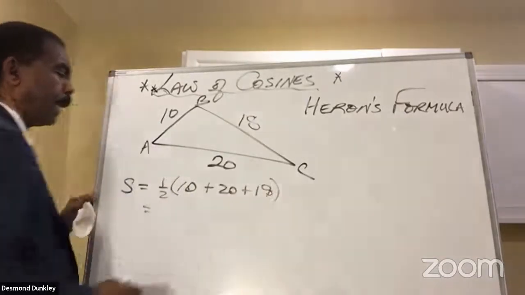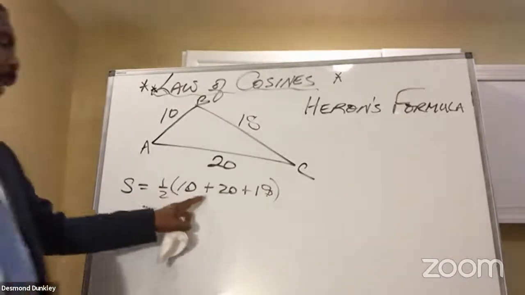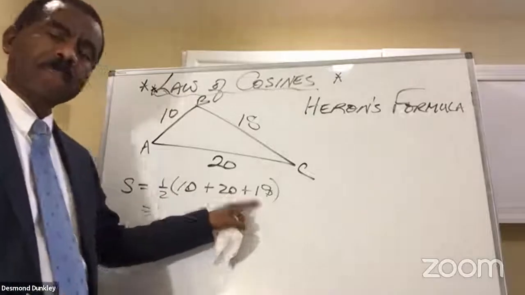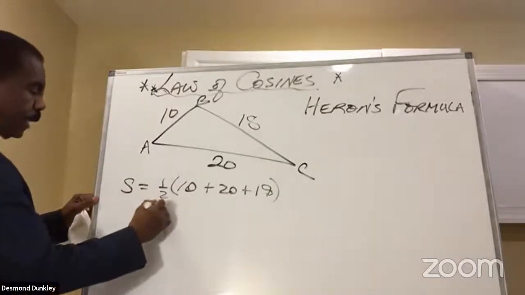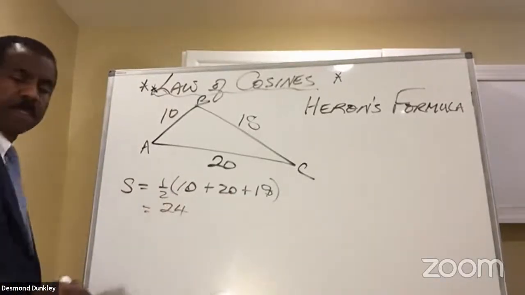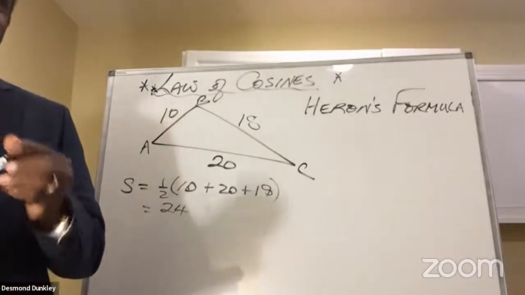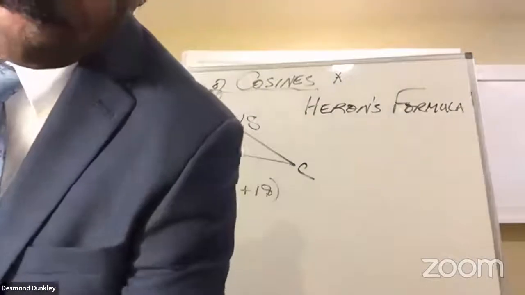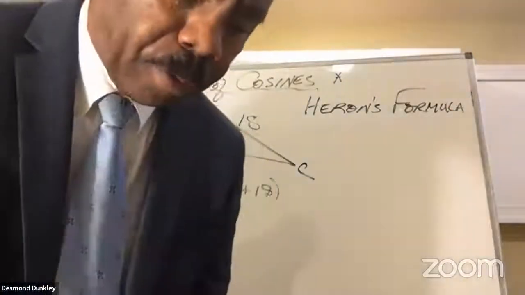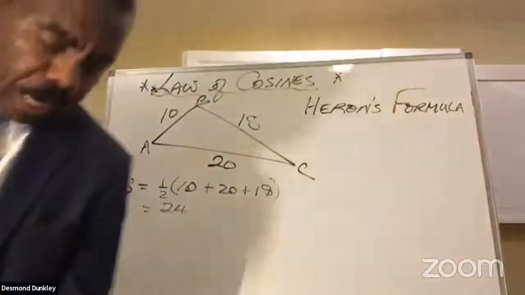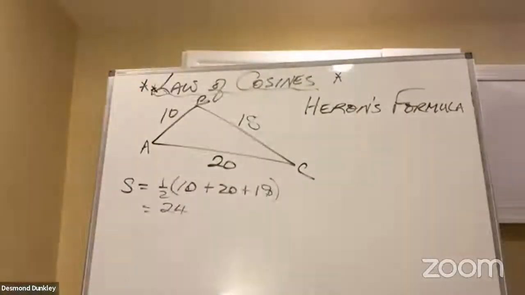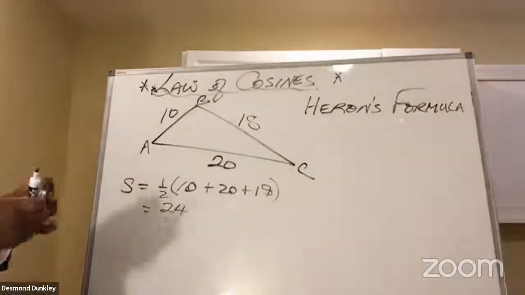So this would make it a lot easier. 10 plus 20 is 30 and 18 is 48. So a half of 48 is 24. So we just discovered that our perimeter is 48, and therefore our half the perimeter is going to be 24.